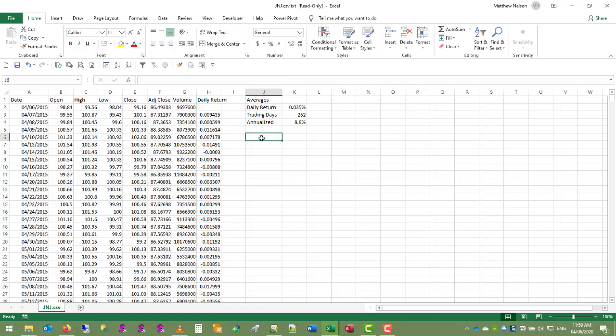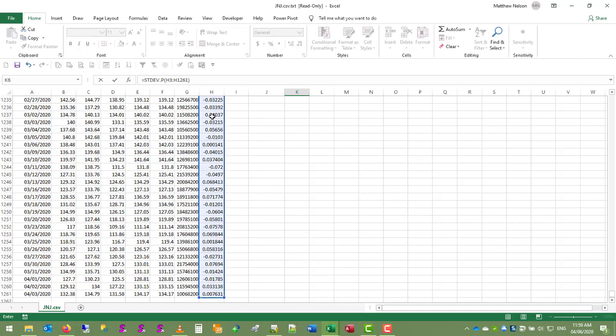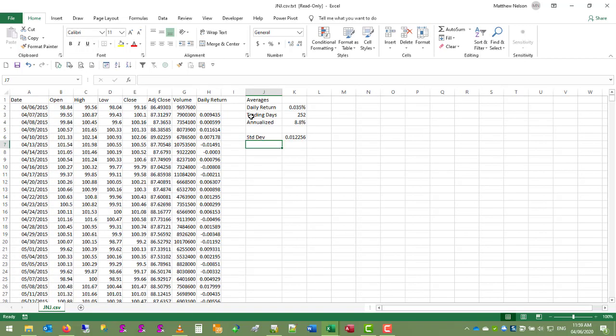The next descriptive statistic we need is the standard deviation. And this is the standard deviation of a population. And then to figure out the annualized standard deviation, we need to scale this with the square root of time rather than straight multiplication.